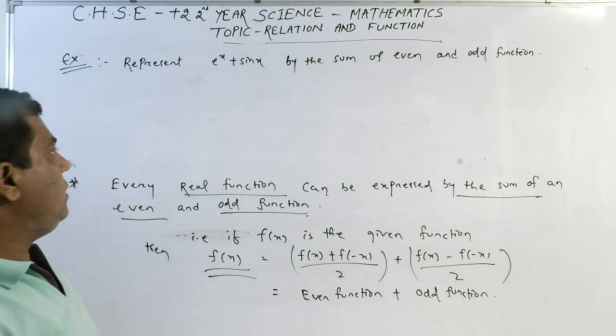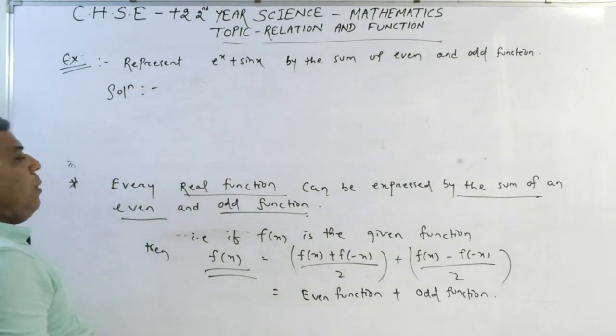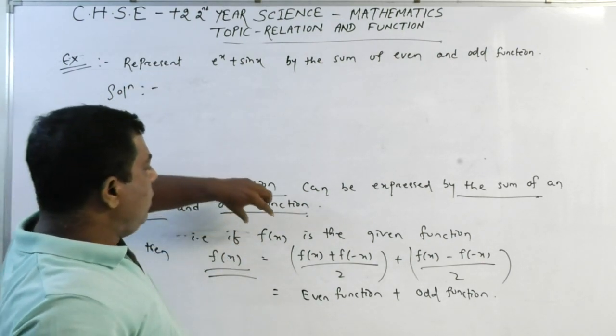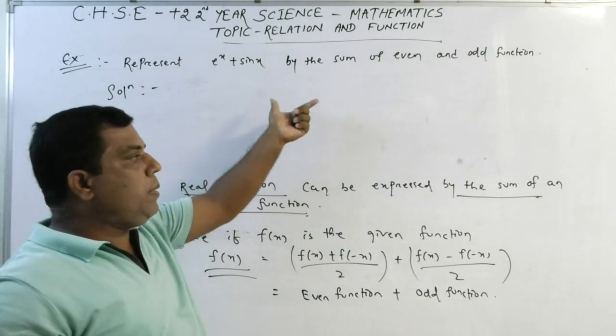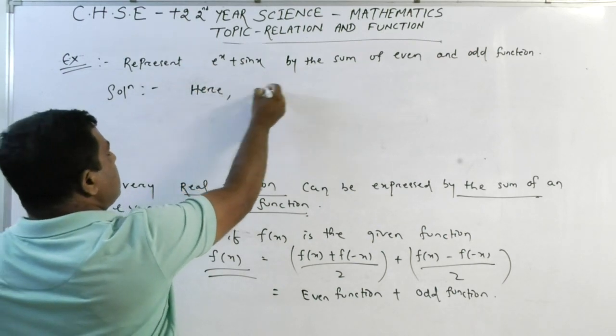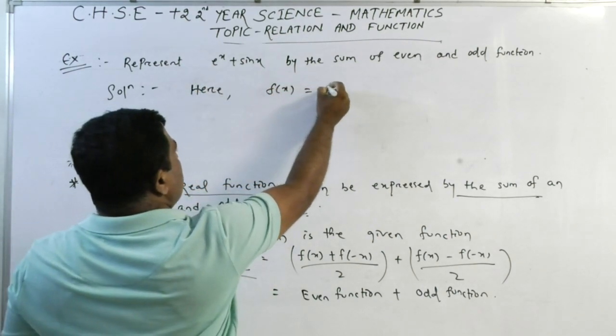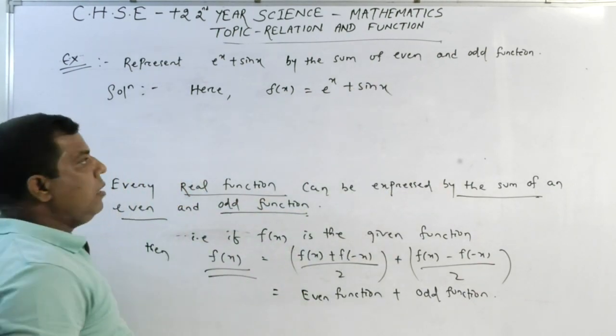So how to represent? I am going for the solution. First of all, we have to represent the expression as f of x. So here, f of x equals e to the power x plus sin x. Clear?